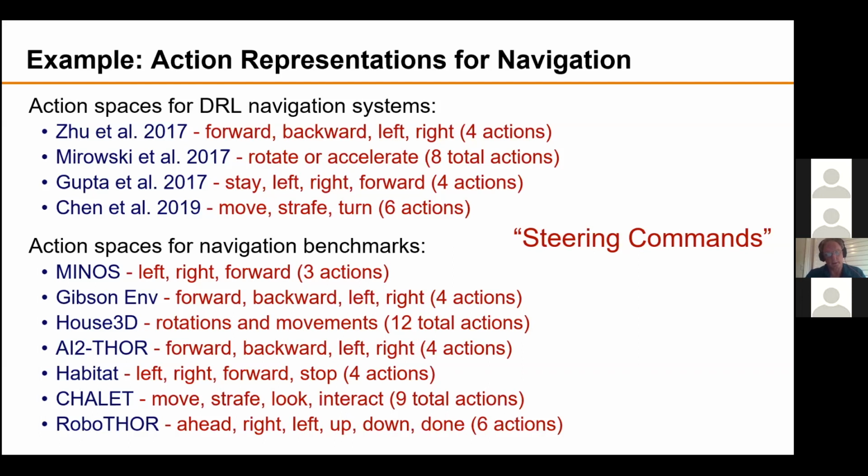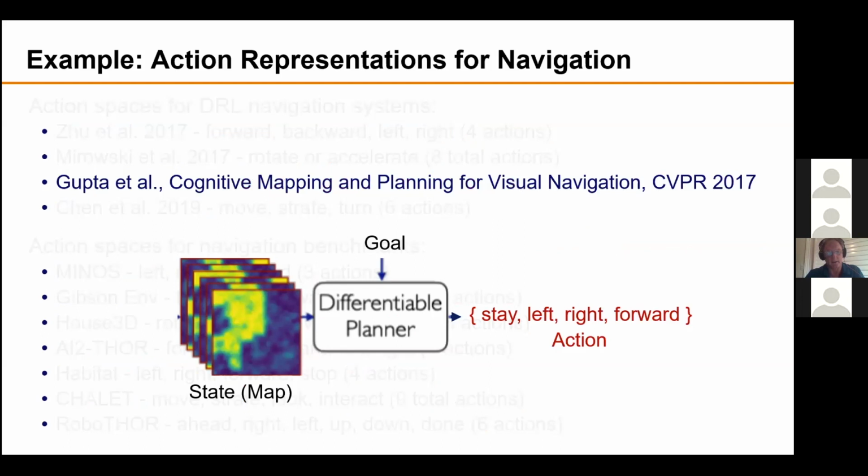And so they're going from an input state, which is often an image, like in the Saurabh Gupta paper, there's this really elegant way of differentiably learning a map of the world, but then the differentiable planner, which is the second part of the system, goes from that map to abstract actions. In this case, it's a classifier of which of these actions to run.